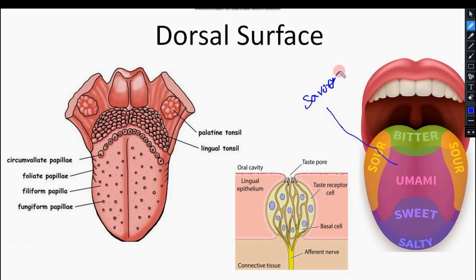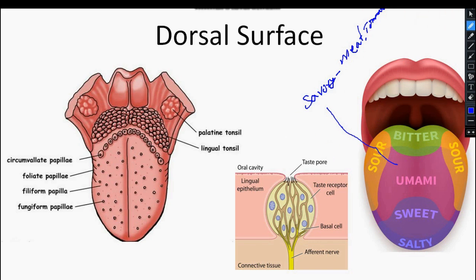The savory kind of taste is the taste we get from cooked meat, tomato, and soup. When we take the taste that we get from this region, the dorsum of the tongue, clear? It has a taste of all the said, sweet, salt, sour, bitter, as well as the taste of meat, tomato, or soup.